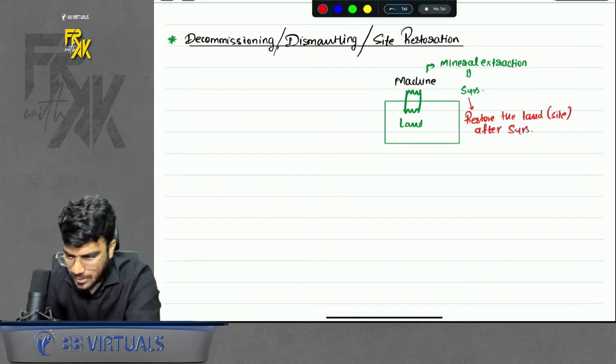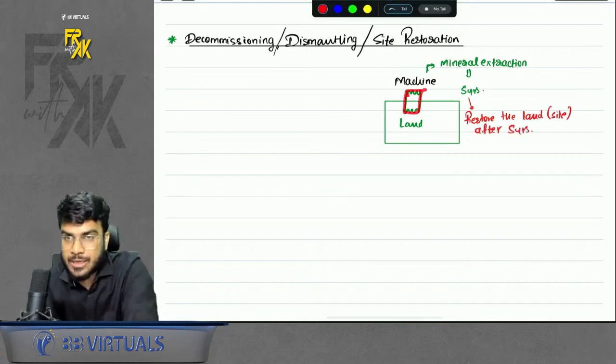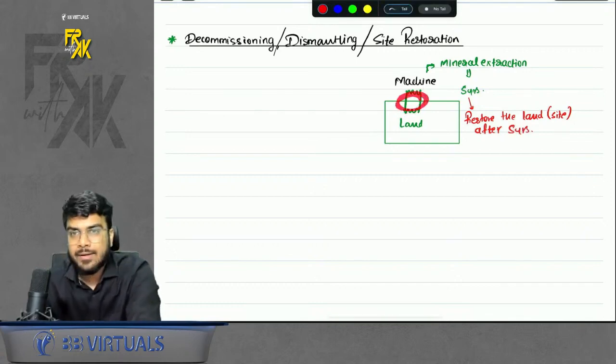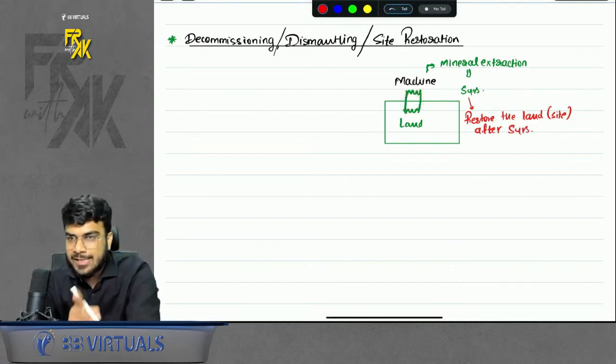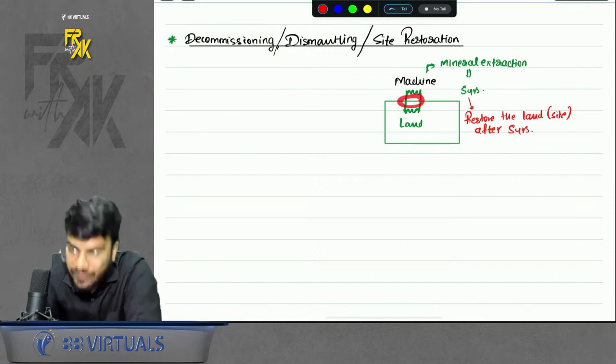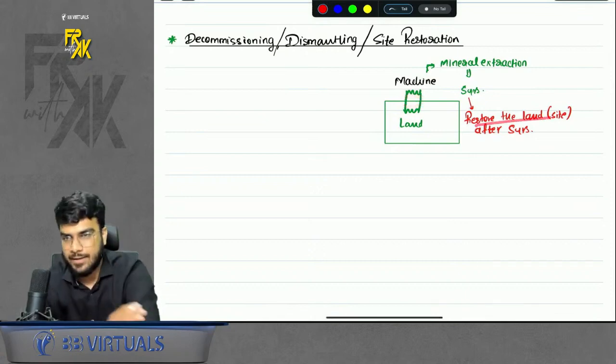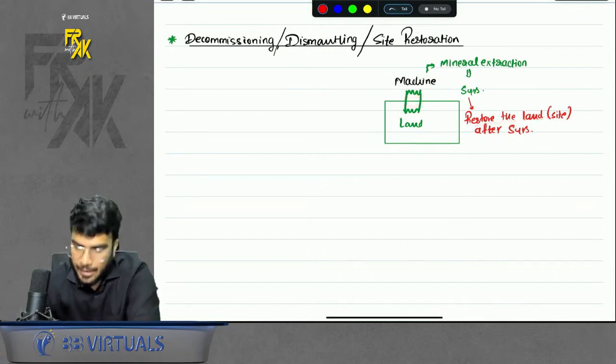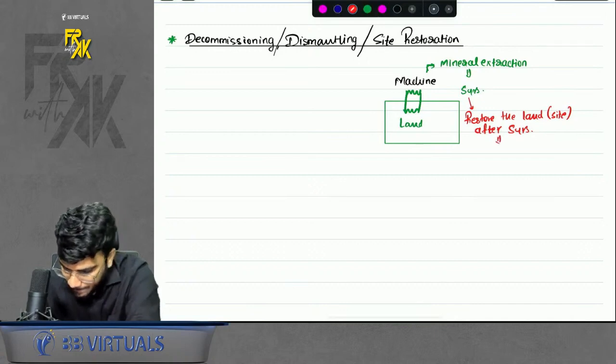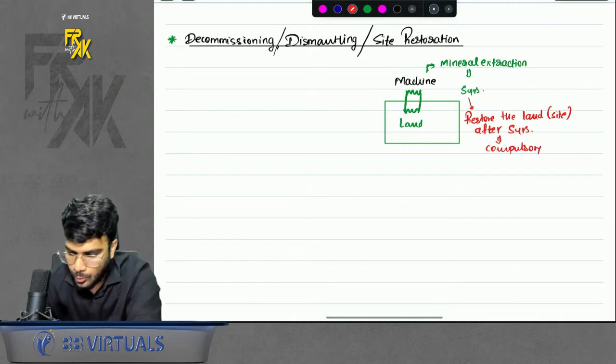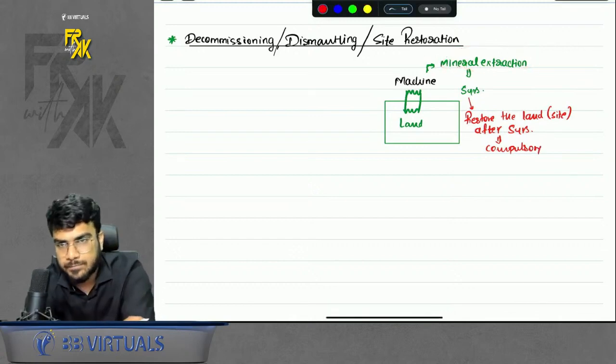So what is the meaning of this? By installing the machine, you must have caused some damage to the land. So when your work is done after 5 years, you will have to rectify the damage. You will have to restore the land, and this is compulsory. If you refuse to do this, the government will not allow you to extract the minerals from this area.